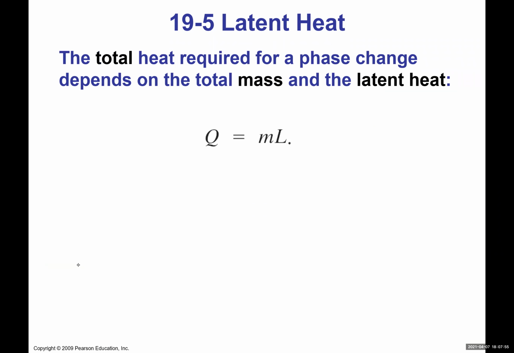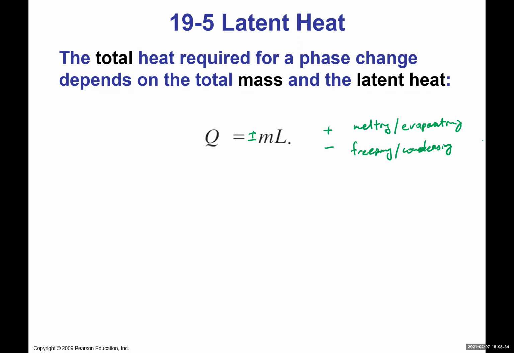All right, so here's an equation for the latent heat. Q equals M times L. And again, there is a plus minus indicating: plus basically means this is melting or evaporating, and minus means freezing and condensing.